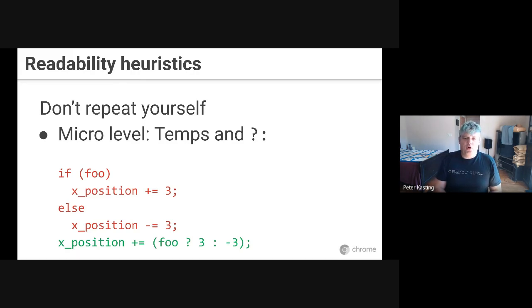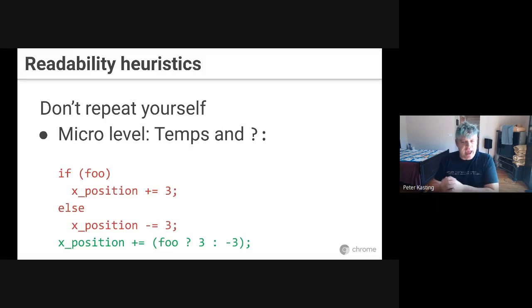So question colon is for when you have the same verb, so to speak, and you have two objects. Conditionals are when you have two different verbs. The example I have here is just modifying the value of X position, and it's doing it by a different value. So it's using a different object, but it's doing the same action, which means that grammatically, to me, this is a question colon.